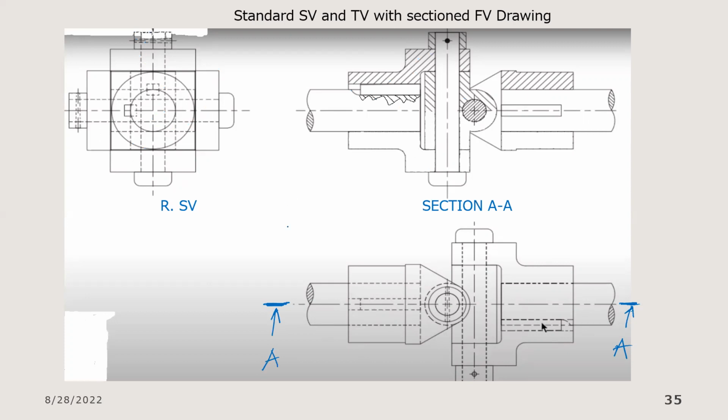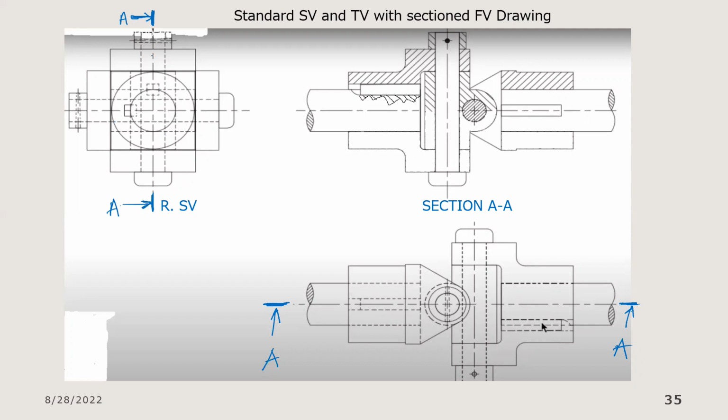In the top view, the section line is going right through the middle. So this is what we should have, and this is still section A.